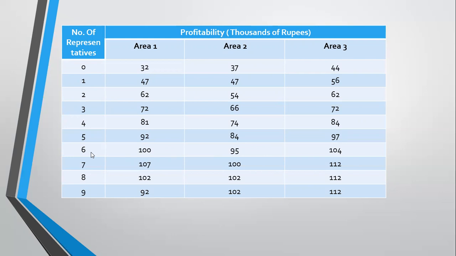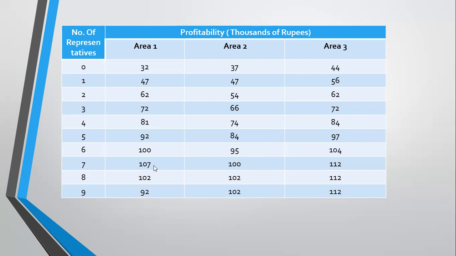Then, if I allocate 6 sales representatives, say in area 1, 100,000, that is 1 lakh, then area 2, 95,000, then 1 lakh 4,000 in area 3.